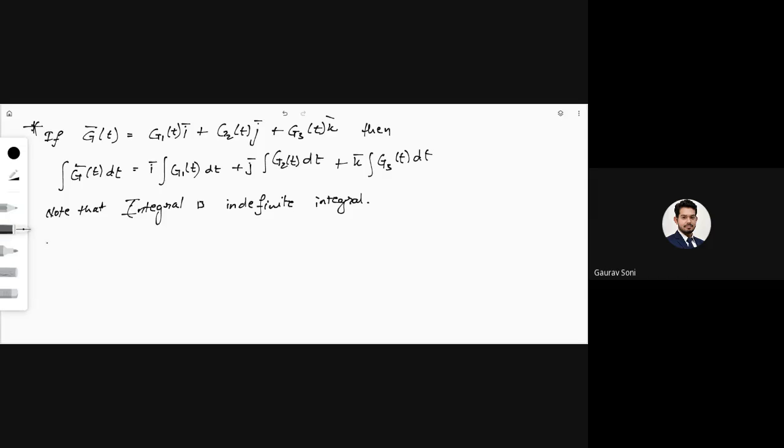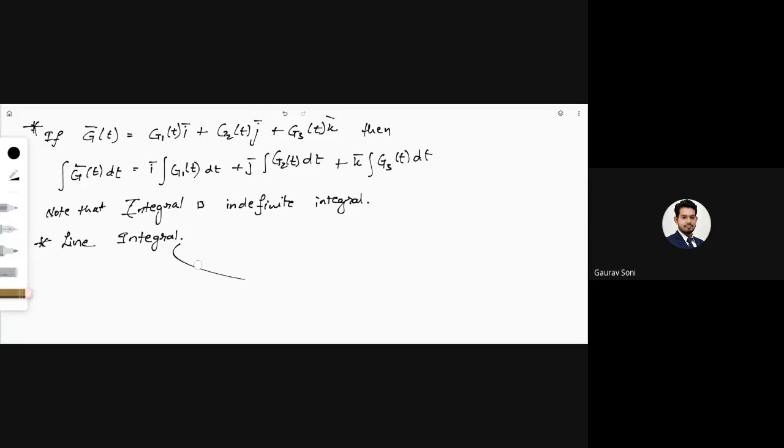Now, what we are going to learn in this syllabus is the line integral. So what is the difference between the previous integral that we have done and the line integral?